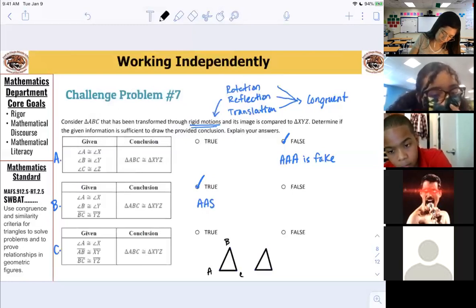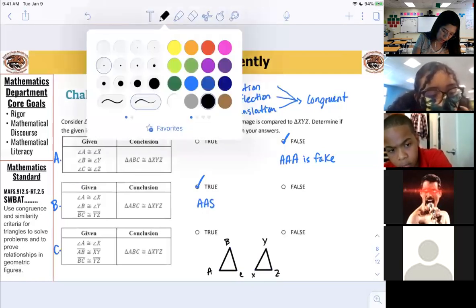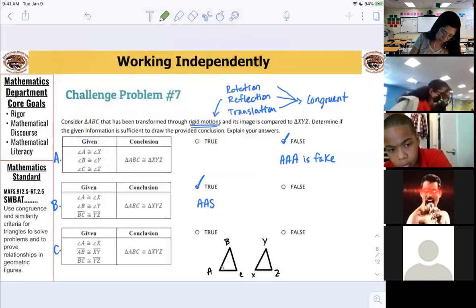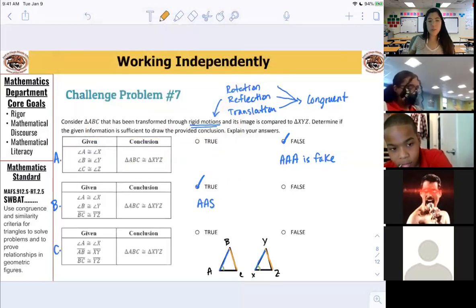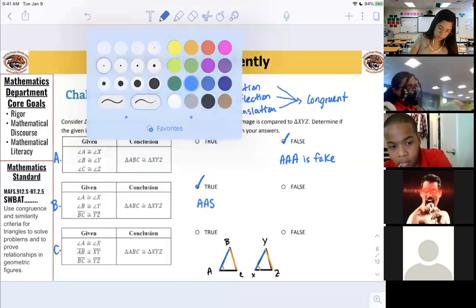So we know it's ABC and XYZ, right? They say angle A and X, and then AB and XY, and then BC and YZ. So this would be SSA, which we know is not true. That is false.